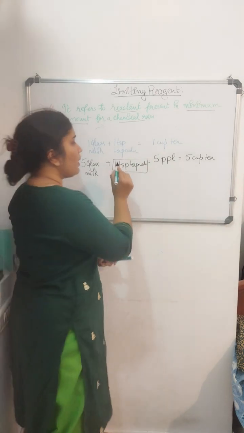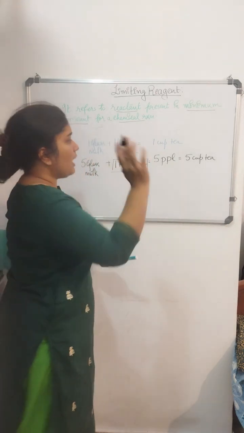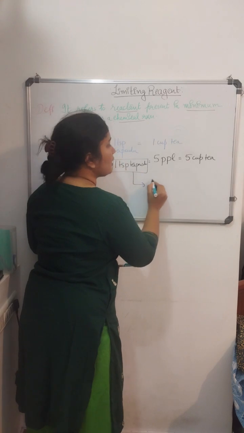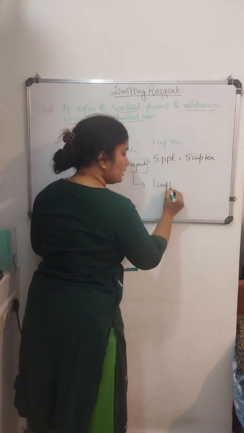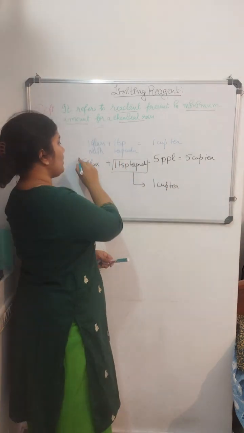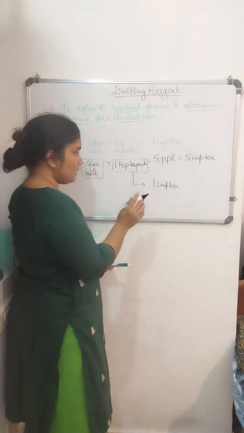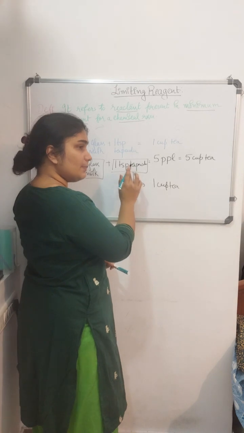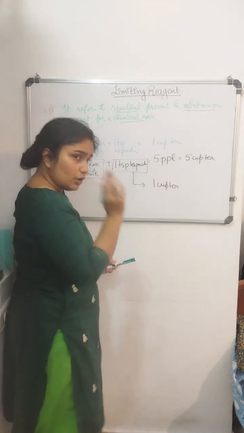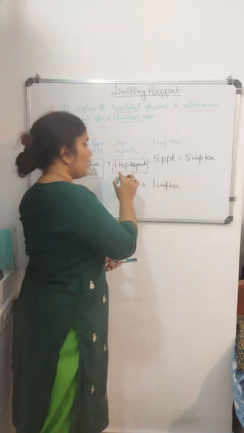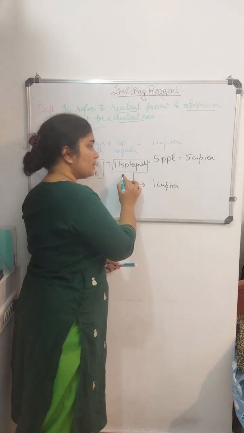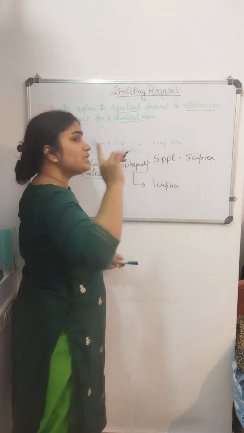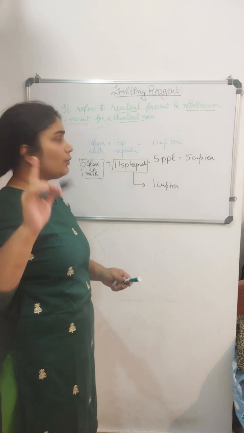Now, with 1 tablespoon of tea powder, I can only make 1 cup of tea. Even if I have 5 glasses of milk, I don't have enough tea powder to make 5 cups of tea. The amount of tea powder available is only 1 tablespoon, which is just enough to make 1 cup of tea.